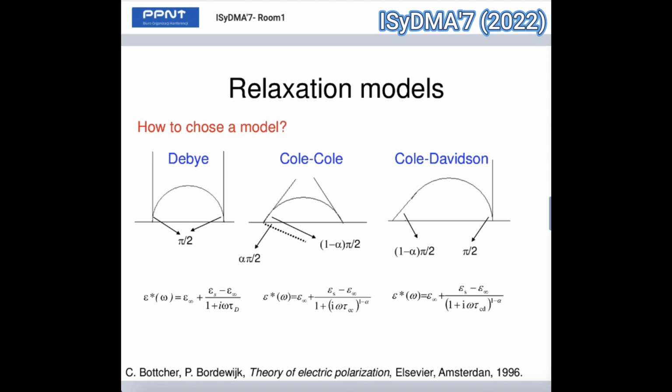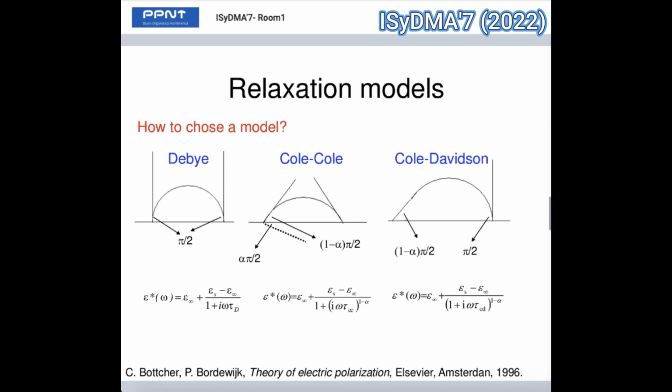So first thing, we can plot epsilon double prime as a function of epsilon prime. We can do this not only for the permittivity, but for all the four quantities that we talked about in the beginning of this presentation. So we can do it for the impedance, the admittance, and the modulus, and we have more or less the same behavior.